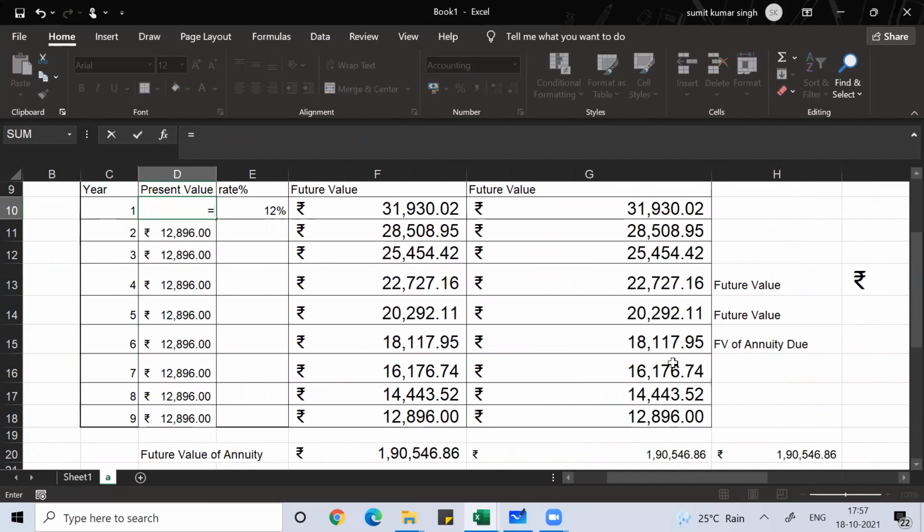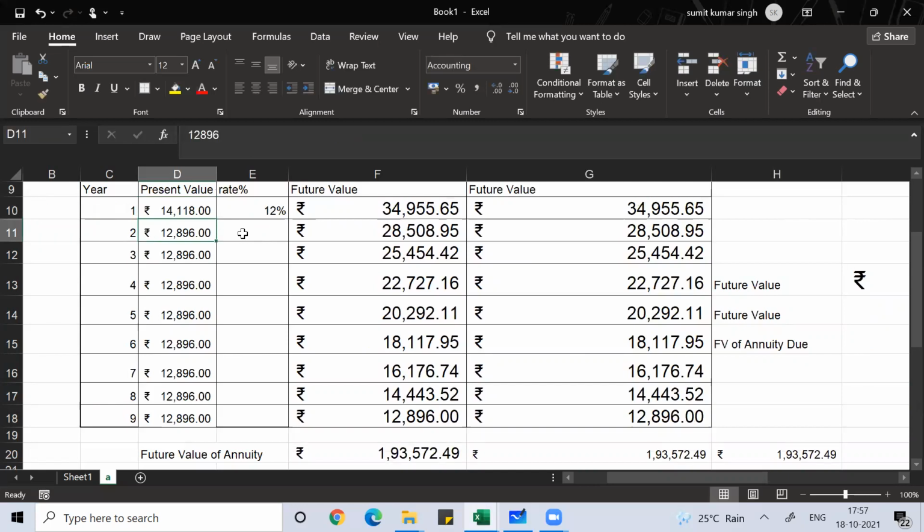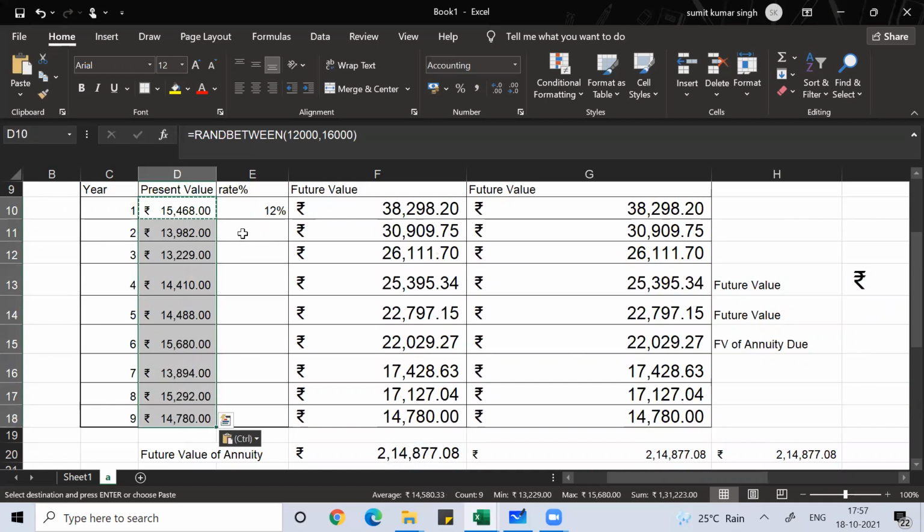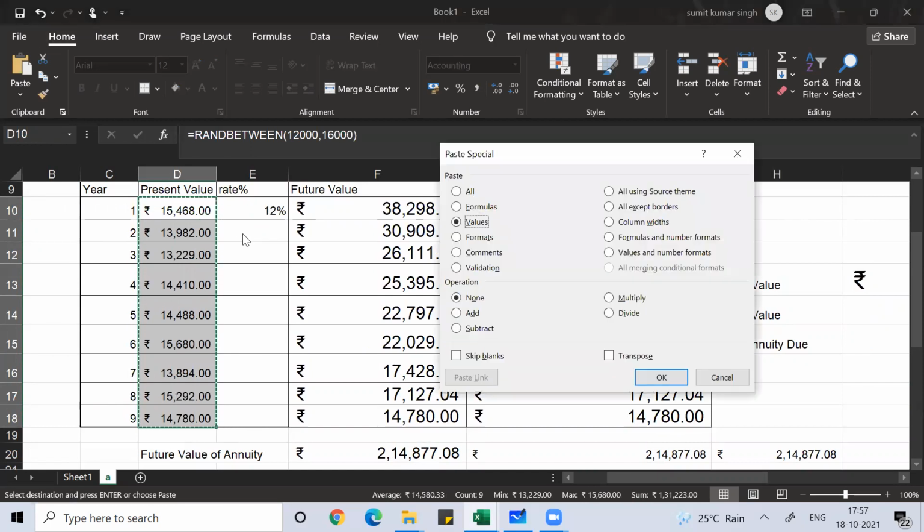So like here, suppose I use the RANDBETWEEN command, and if I put any value between 12,000 to 16,000, what the RANDBETWEEN command will do is generate a random number between 12,000 to 16,000. Okay, and then if I copy this and paste it, then remove the formula, Ctrl C, Alt ESV.